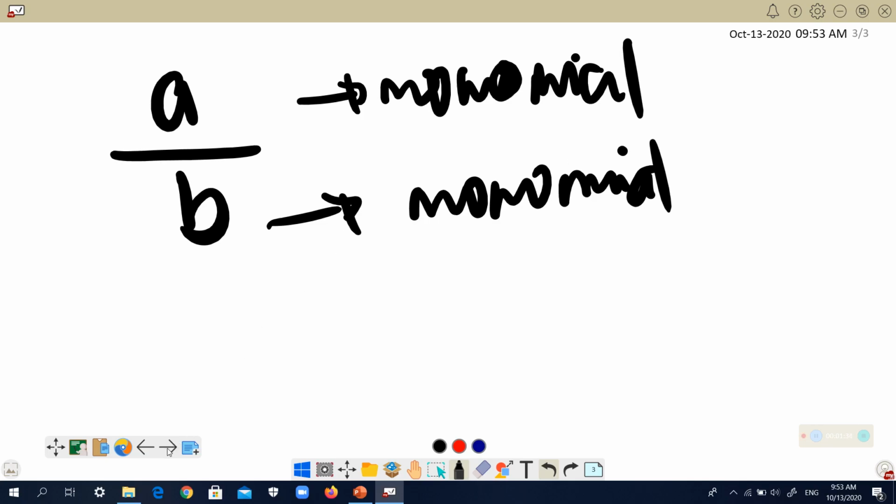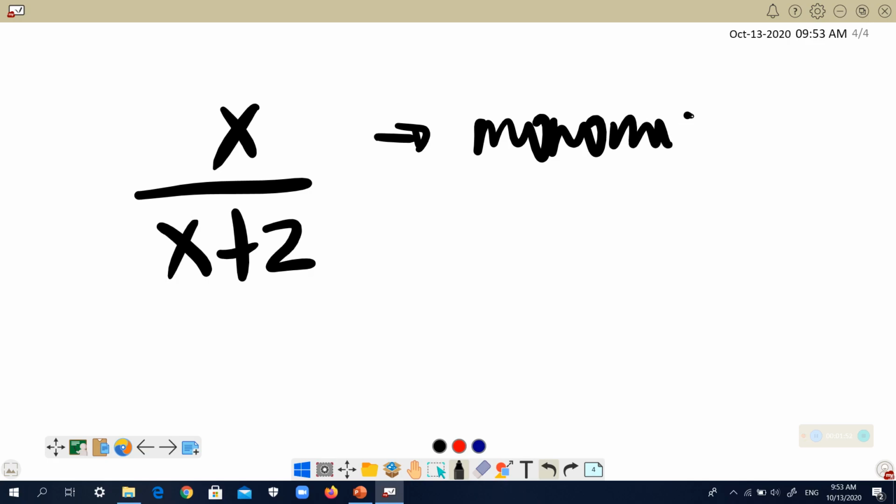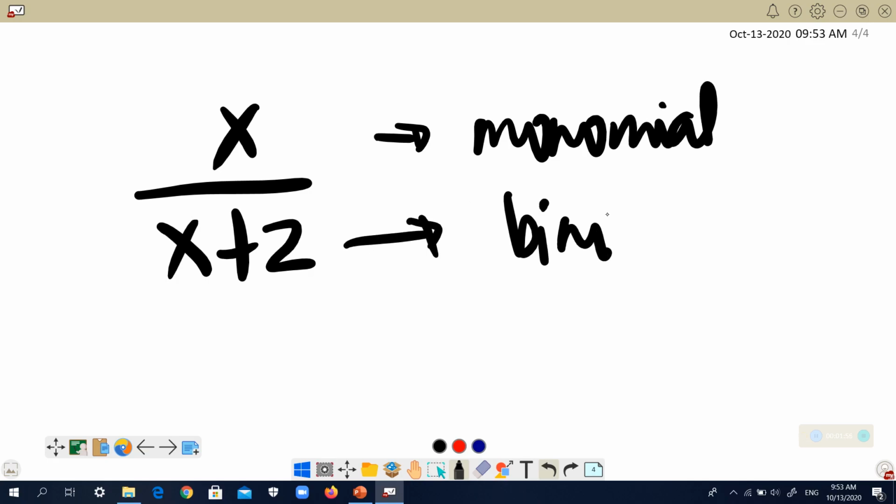Next, we can also have an example in the form x over x plus 2. In this case, the numerator is a monomial and our denominator is in the form of a binomial. So still, it is an example of RAE.